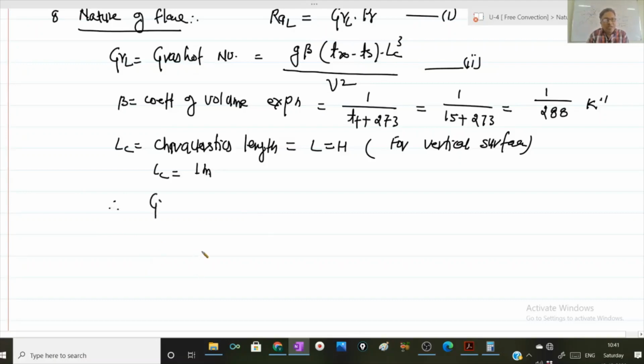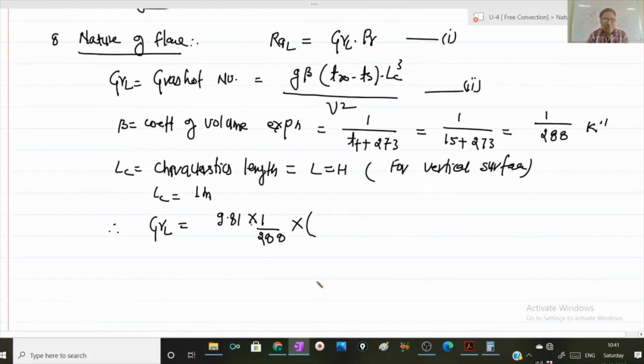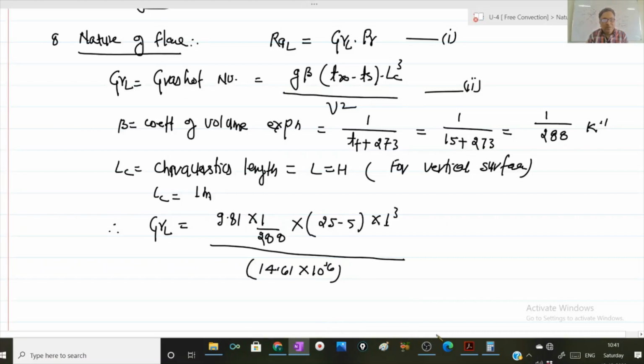So based upon this, I can calculate GR suffix L as 9.81 into 1 over 288 into T infinity minus Ts, that is 25 minus 5 degrees Celsius, into L_C, that is 1 cube, over nu square, that is 14.61 into 10 to power minus 6 whole square.